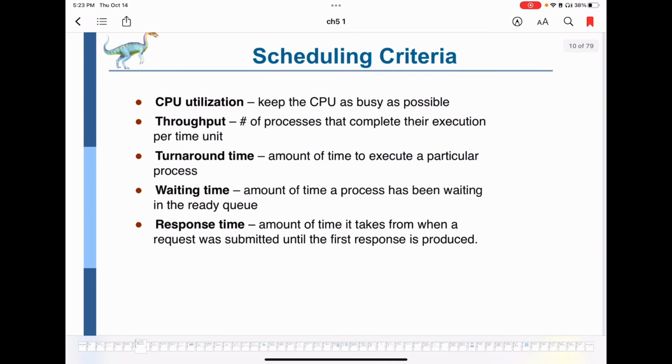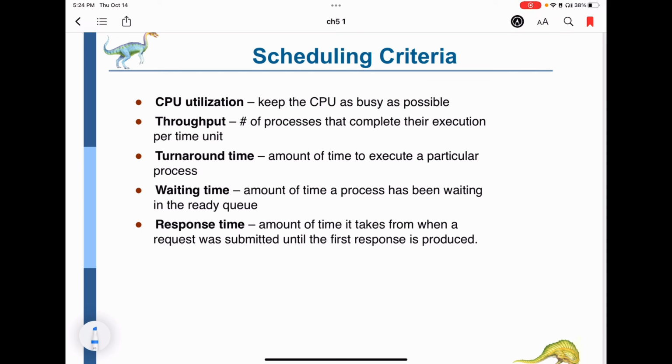Now, let's go to the scheduling criteria. Paano nga ba tayo pipili ng ating scheduling criteria? So, using these criteria, we're going to select which among the scheduling algorithms might be the best or better scheduling algorithm.